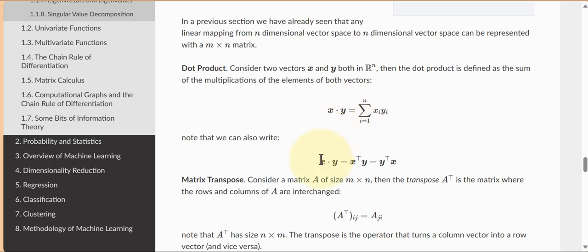And we can also write this if we think of x as a matrix, then we could take its transpose, and we could write x transpose y, or also y transpose x.